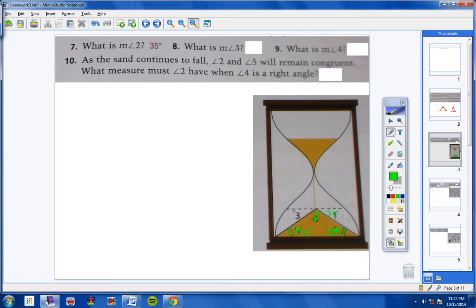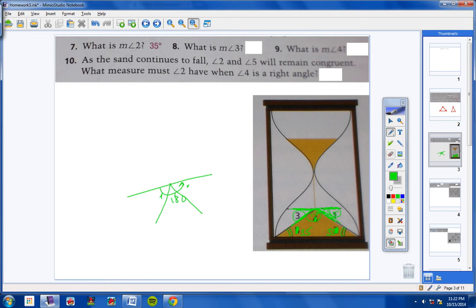Now, here's a straight line. I've got a line coming off here, and a line coming off here. So I have an angle here, 35 degrees, an angle here, 110, and then an angle here. All 3 of those angles have to add up to 180 because a straight line is always 180 degrees. I just took 180 and split it up into 3 angles.